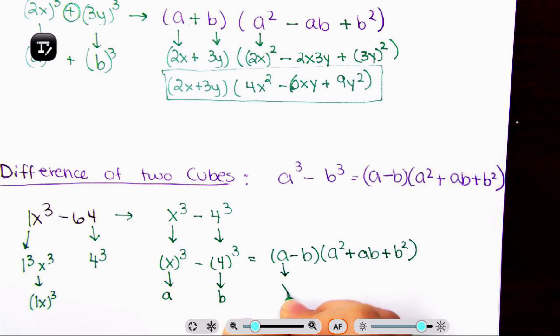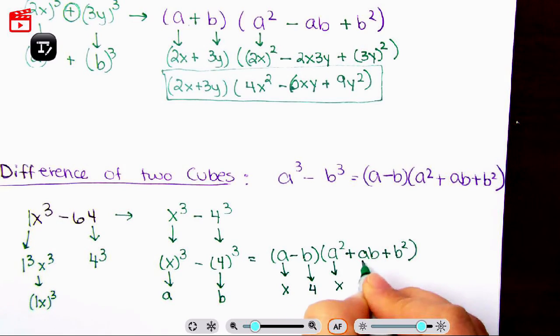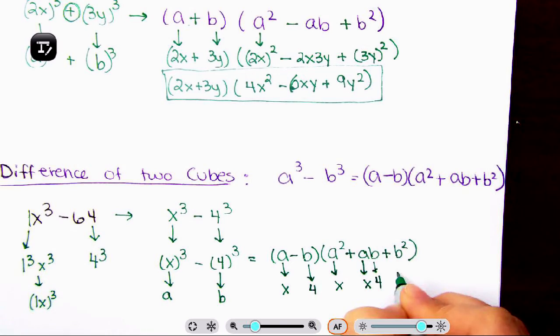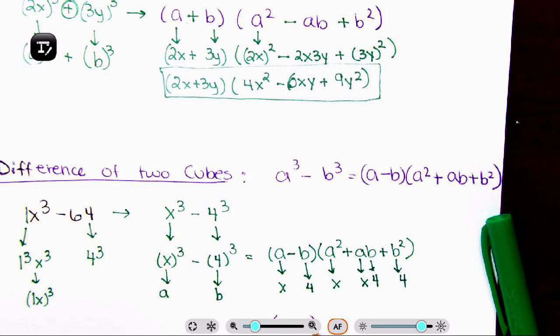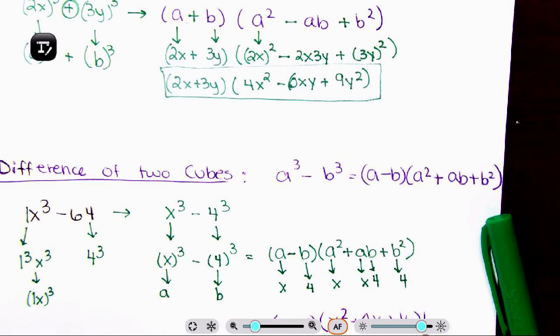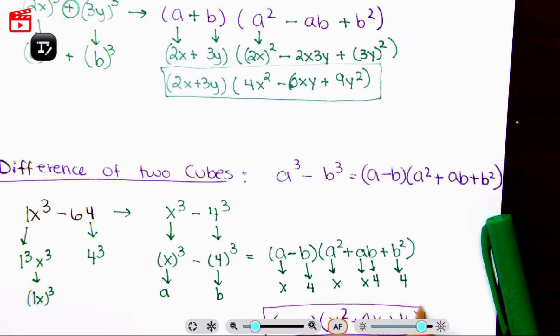So that means I have x minus 4, times x squared plus 4 times x plus 4 squared. 4 squared is 16. And you have factored the difference of 2 cubes.